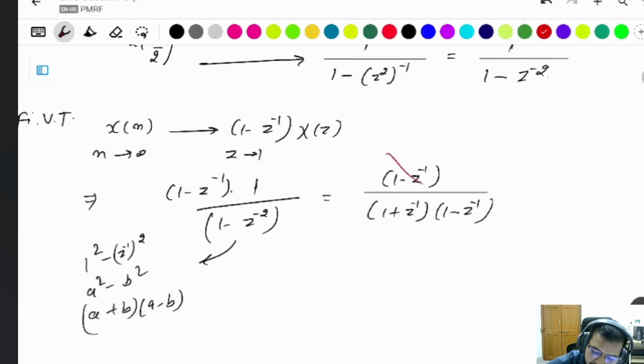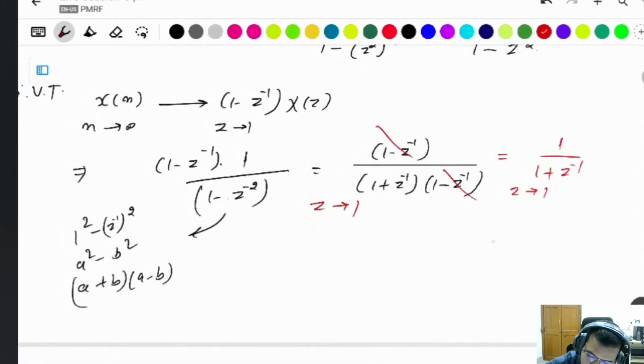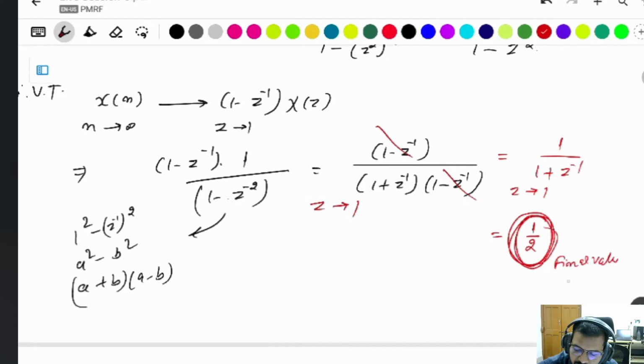Then 1 minus z inverse will cancel out, leaving 1 divided by (1 plus z inverse) with z tends to 1. Put the value 1 here, and the final value is 1 by 2 of this function. Not a 0, not a 1.